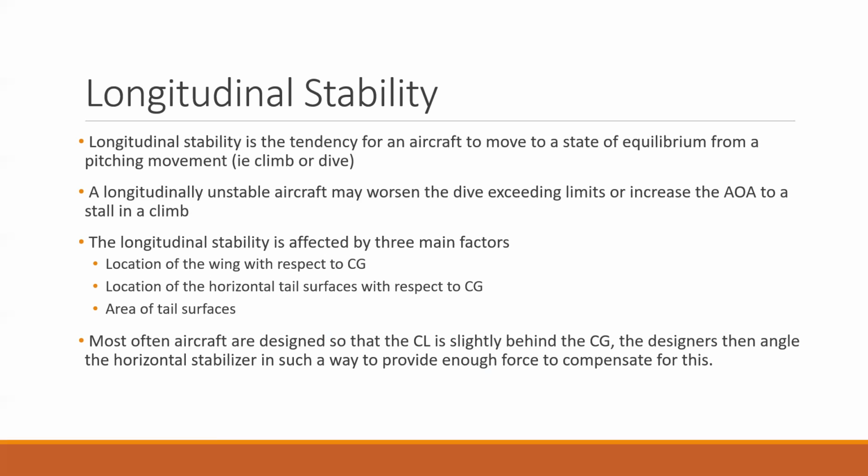Having a bigger tail surface, for instance, will increase stability. It allows more force to be exerted during a dive or during a climb, and so you can have more control.